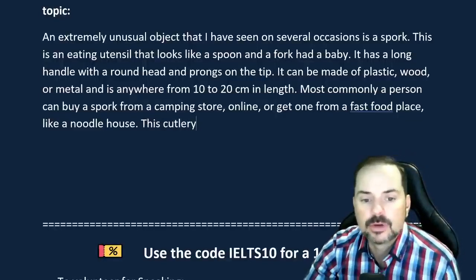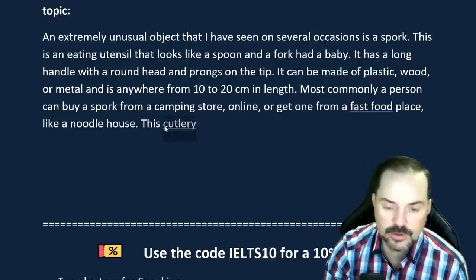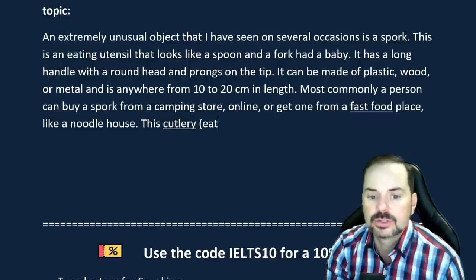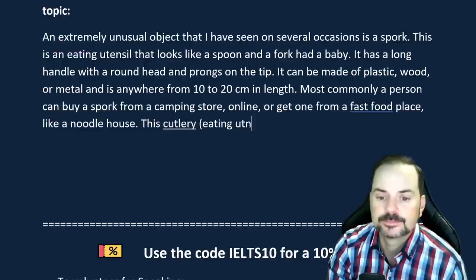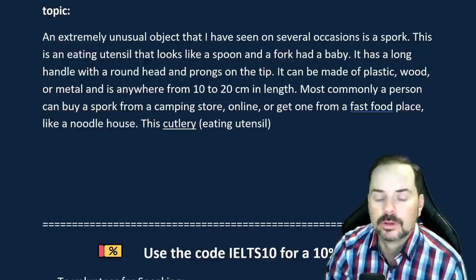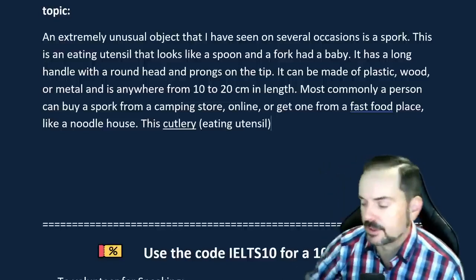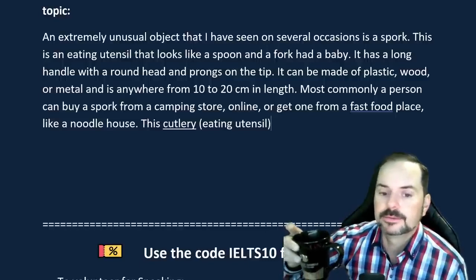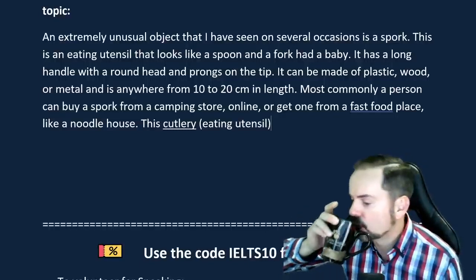Okay, so this cutlery, it's a synonym for eating utensil. Okay, just teaching you some words here. These are very useful. You can definitely use these in your life with English. On an airplane, do you guys have a spork?